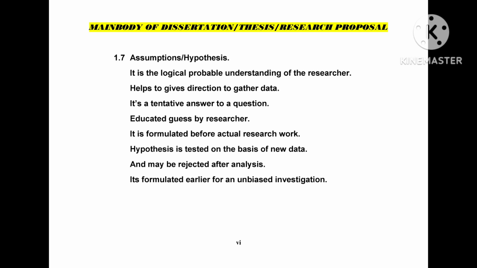It may be accepted or rejected, and it also helps a lot to give an unbiased investigation into the study. So assumption is one type of result and guess by the researcher prior to finalization of the research. So it helps a lot to the researcher. It should be stated compulsorily in the research work.